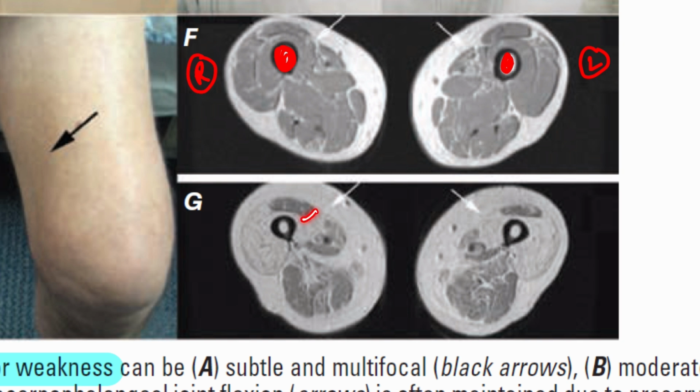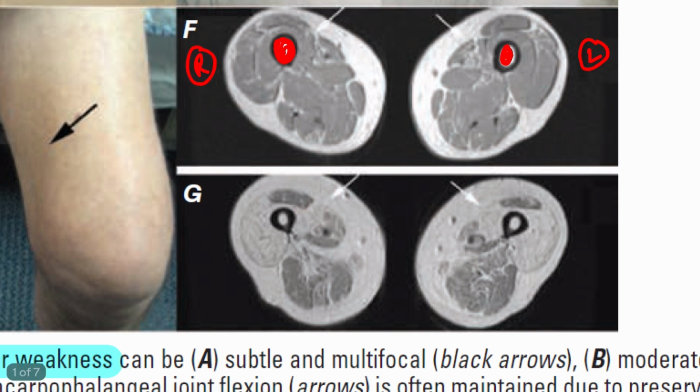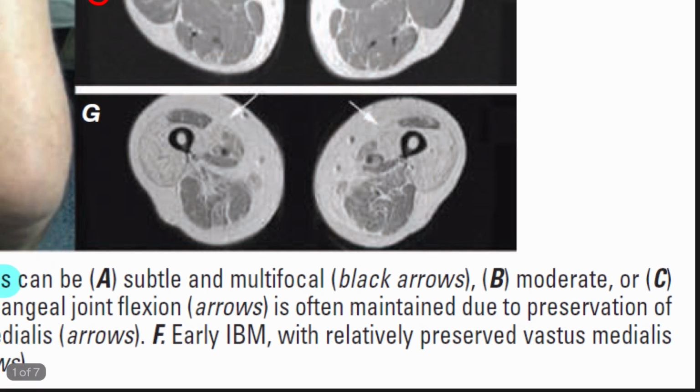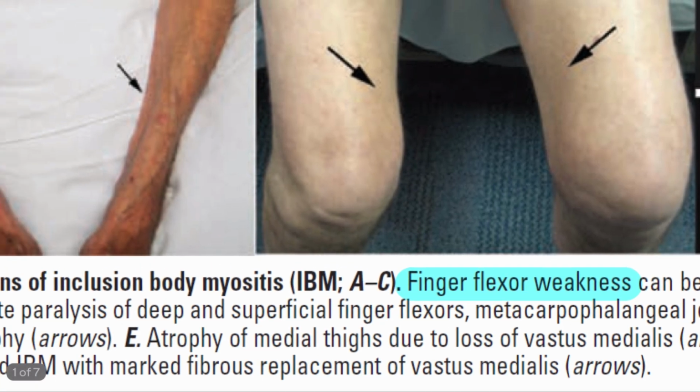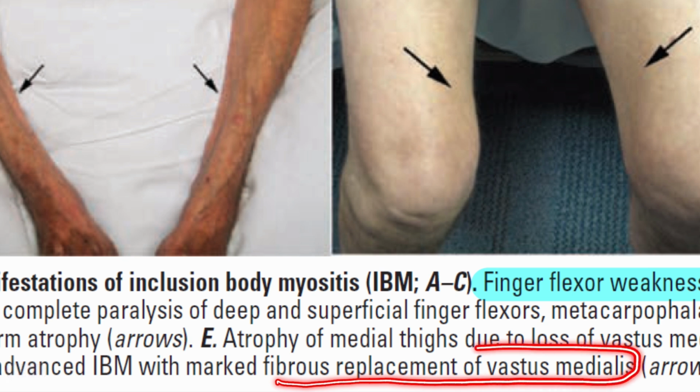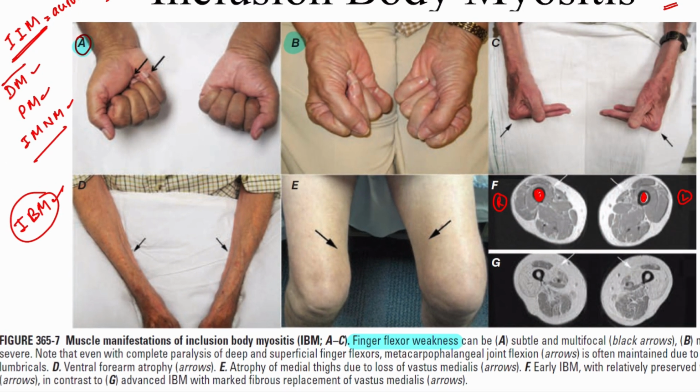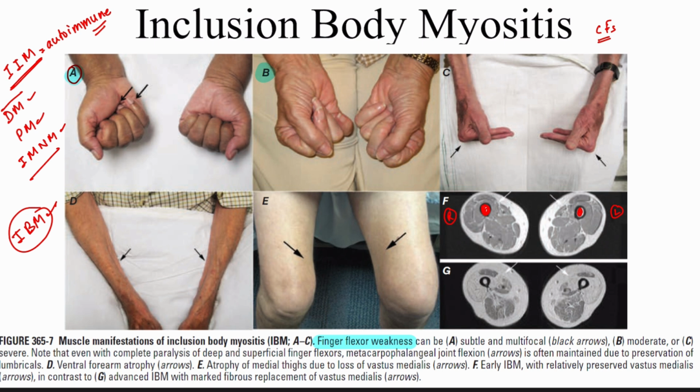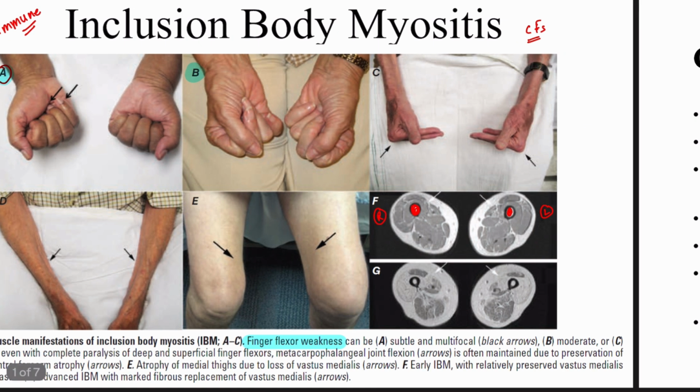That is why it is seen like that, right? Let us see what is written in here. Fibrous replacement of vastus medialis is there. This is the image from Harrison's textbook, so it is a very important image as far as clinical features are concerned. That is why I am discussing it in this video.